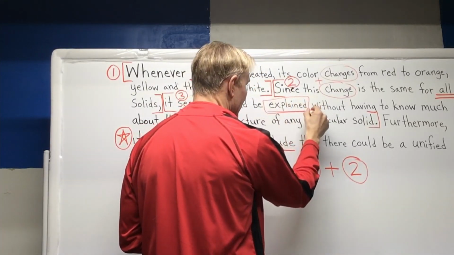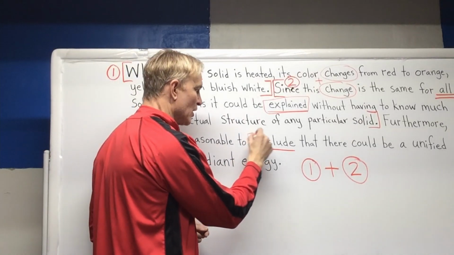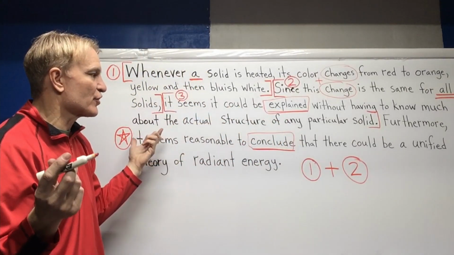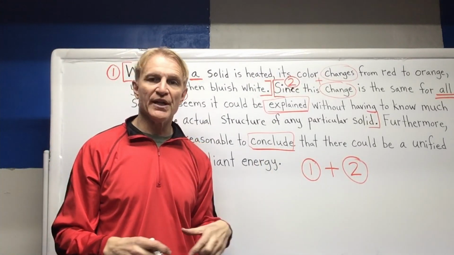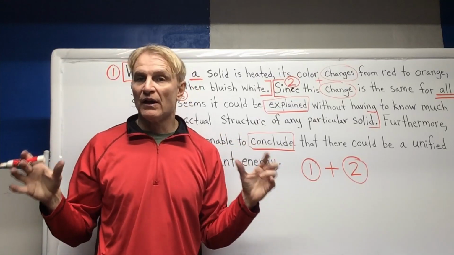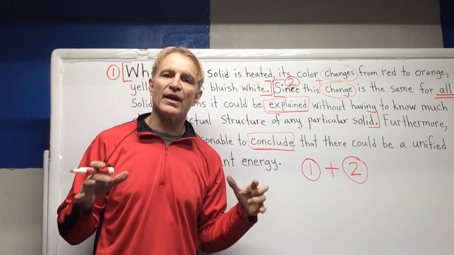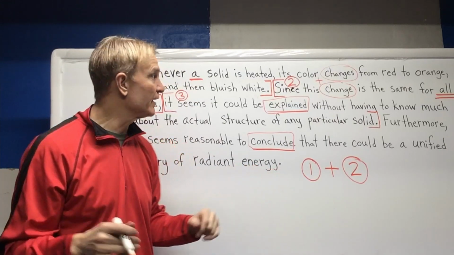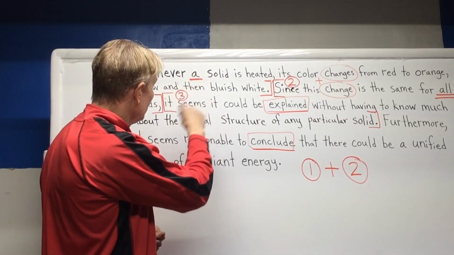We can explain, almost like another word for conclude. We can explain without having much knowledge about the structure of the particular solid. We don't need to know what type of solid it is. We don't need to know whether it's granite or maybe wood or something else. We don't have to have that particular knowledge. All we have to know is that it's solid and that it runs through these particular movements.